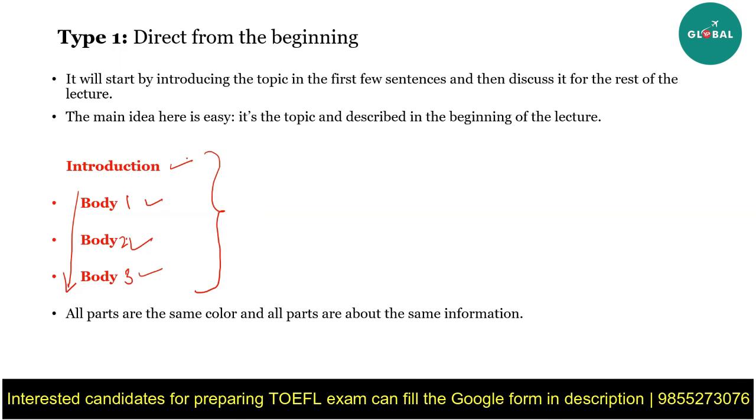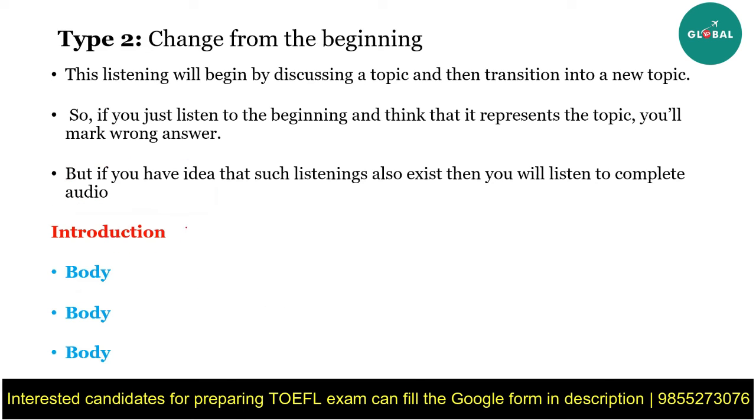Okay, what else could we have? It could happen that the professor introduced some topic, and thereafter he totally shifted his meaning to some other things. Let me give an example. Just suppose he introduced how a new airport is going to consume a lot of land in this small city. He talked about a new airport to be built in your hometown, or a very small town or small city.